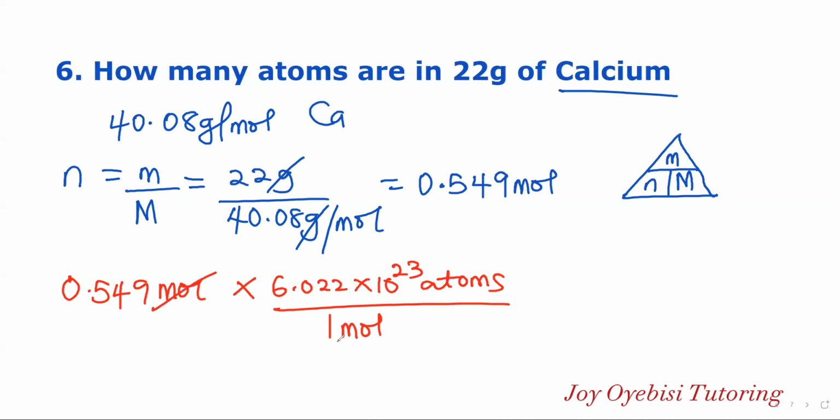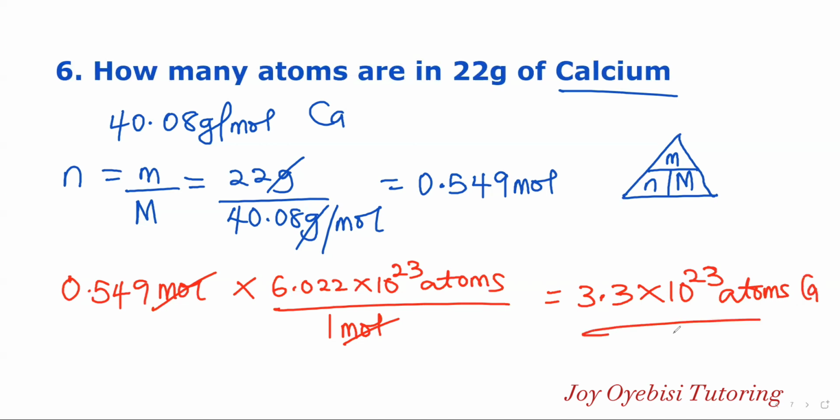So these moles we cancel, and then you have that times 6.022, and that would be 3.3. So now you can go with your 3.306 times 10 raised to the power of 23 atoms of calcium. So that's your final answer. The first step, convert to moles, and then finally from moles to atoms.